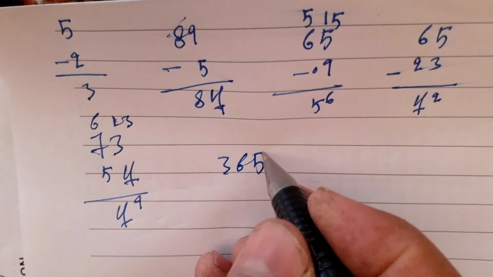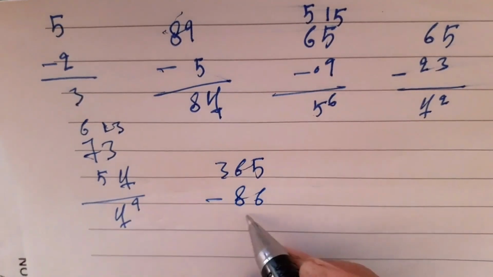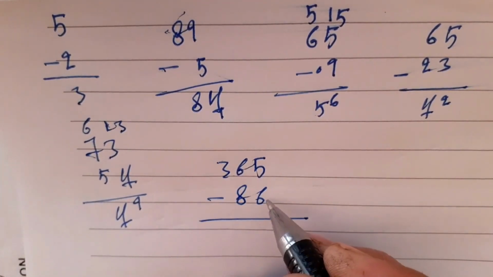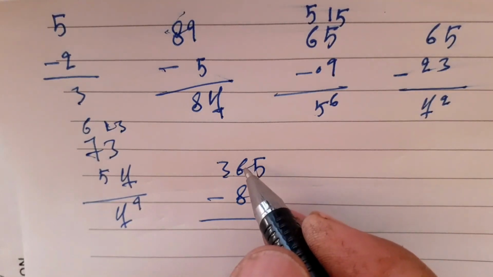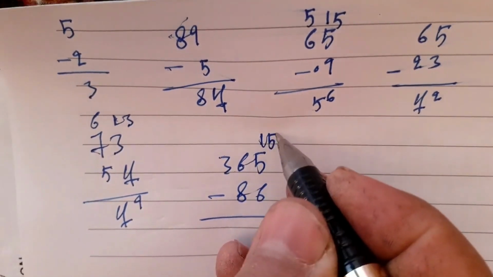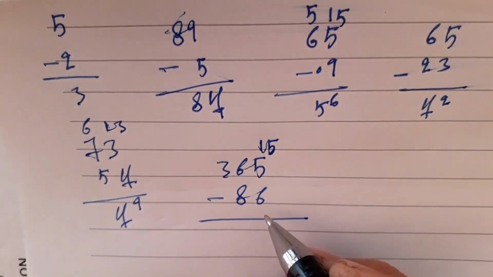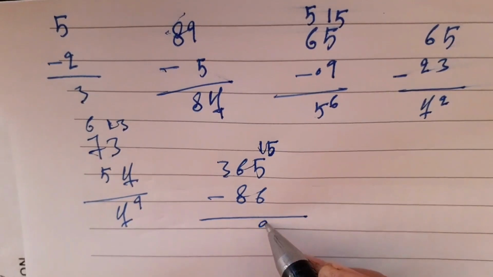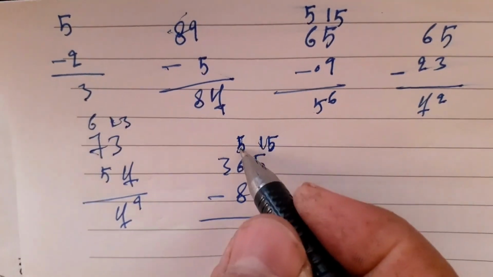365 subtract 86. We can't subtract 6 from 5, so we borrow 1 from 6. It becomes 15. 15 subtract 6 is 9, and the 6 becomes 5.